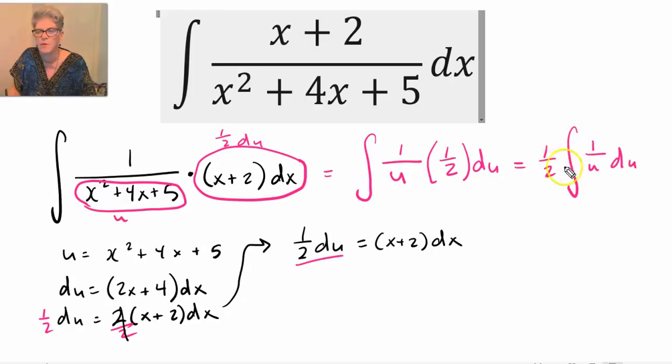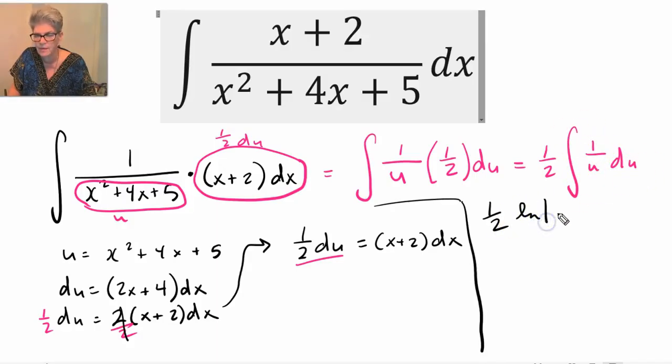So the 1/2 out the front is coming along for the ride. And the integral of 1 over u du is going to be ln of the absolute value of u. And then this is an indefinite integral, so we have to put plus c, plus constant. Then I'm going to want to go back to x, and so u is x squared plus 4x plus 5.